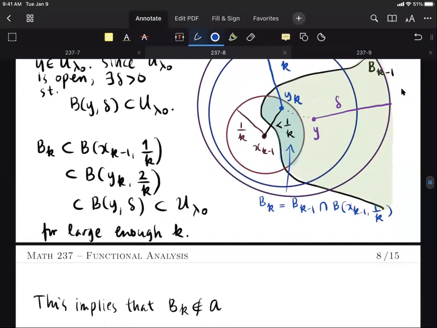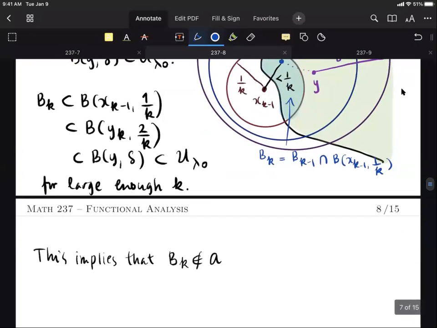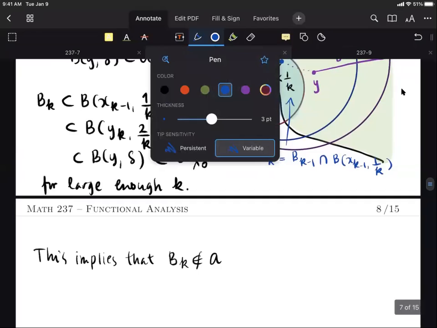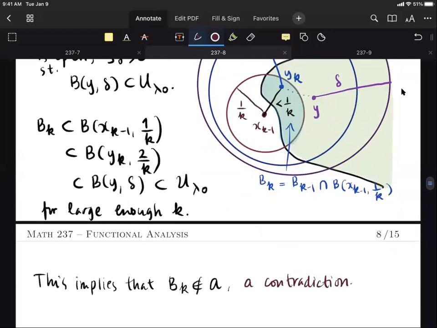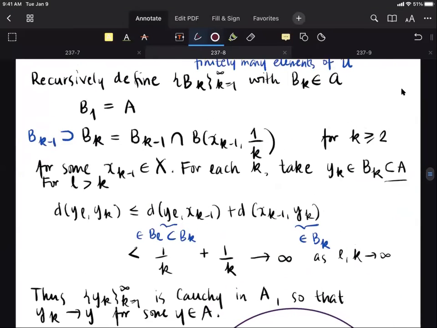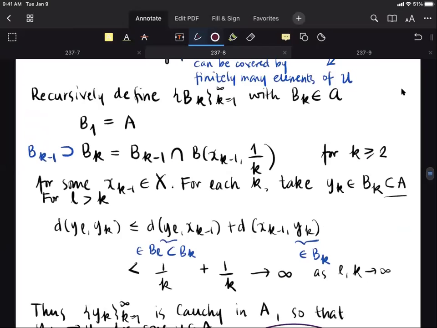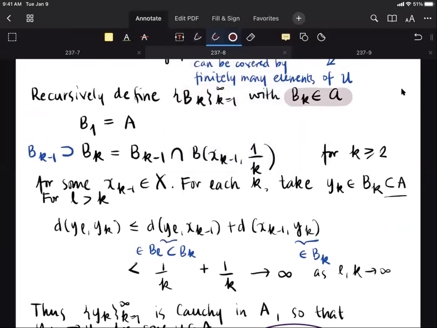In other words, we have reduced the covering by a single cover. So b sub k is not in A. And this is again a contradiction to our construction that b sub k is, where's that? Here. So if you look at this line here, b sub k is in A.